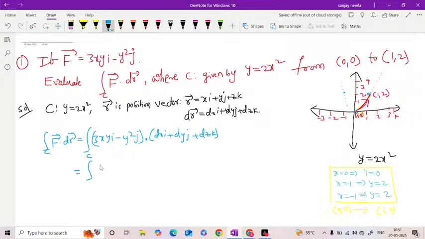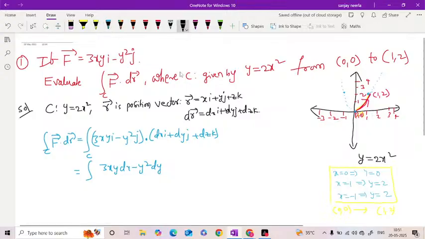We will get 3xy dx minus y square dy. But here the biggest question is, what are the limits? It is a line integral, so the total integration we have to convert into a single variable. Either you can convert into the x variable or into the y variable.